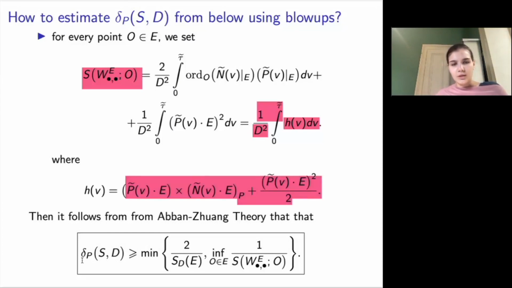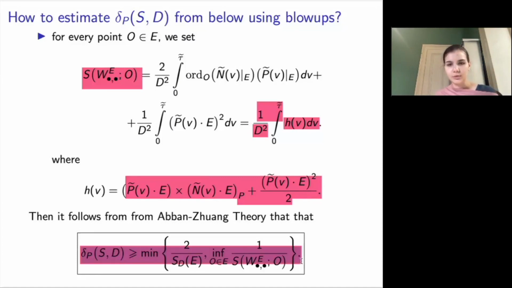So now we get that our local delta invariant at point P will be greater or equal than these two numbers. So it will be the minimum of 2 over the S integral.